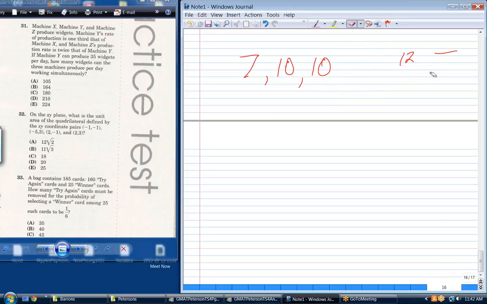Now this problem, when I first looked at it, I thought it was a complicated work problem because it involves rate of production and all of that. But it turns out that it's not. It's actually pretty easy.